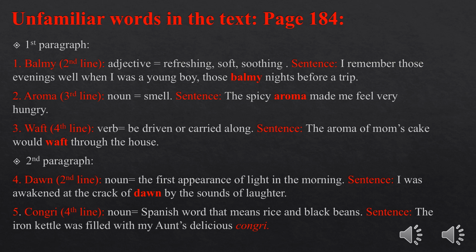Unfamiliar words in the second paragraph. Number 4. Dawn. It's found in the second line, and it's a noun. The first appearance of light in the morning. Sentence or example: I was awakened at the crack of dawn by the sounds of laughter.